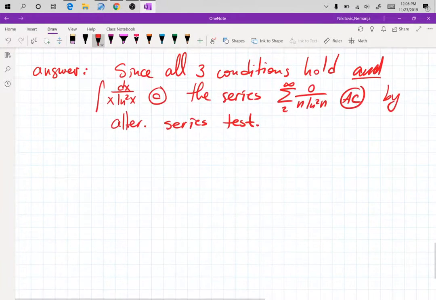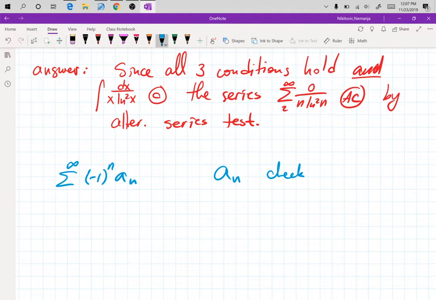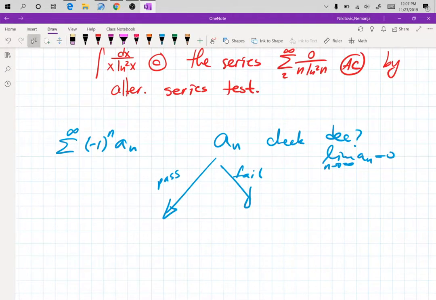So if you're trying to remember what the rule was, you have the summation to infinity of (-1)^n a_n. That was the setup. Then you take a_n and you check that it decreases, and you check that the limit of a_n equals 0 as n goes to infinity. That can pass or fail. If it passes, you are on a convergence branch.